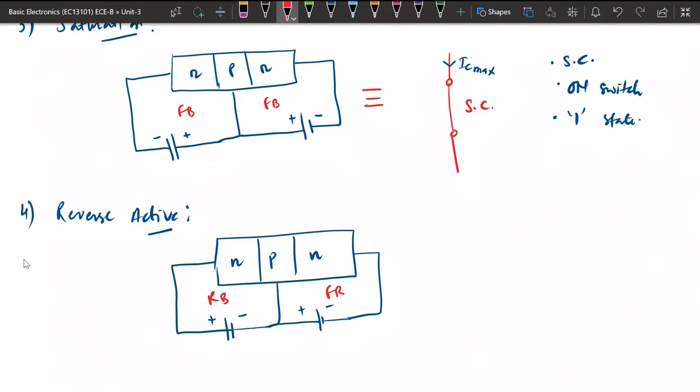In this case there will be transistor action taking place, but the alpha, or current gain, will be very much less than 1. With very little current gain, it is of no use. That's why this mode is basically avoided in the case of BJT.